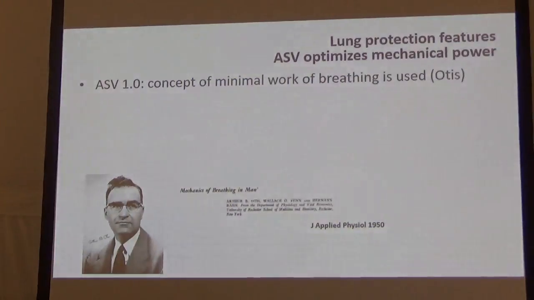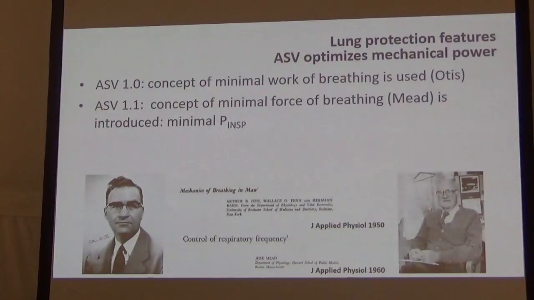The second thing is ASV. The ASV algorithm is a way to optimize the mechanical power. You know very well that ASV is based on the minimum work of breathing principle. This is the first version of ASV. Two years ago, ASV was modified and the MID formula was introduced, which is the minimum force of breathing.